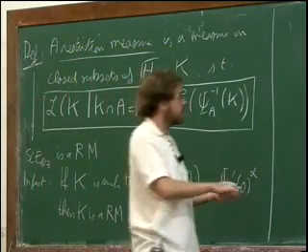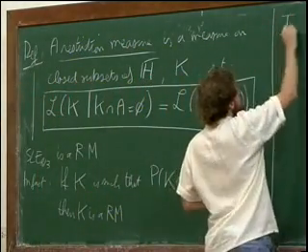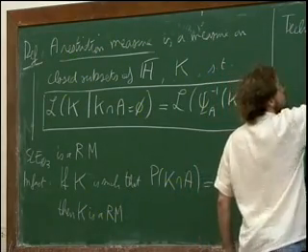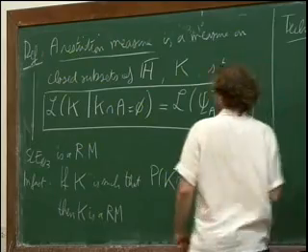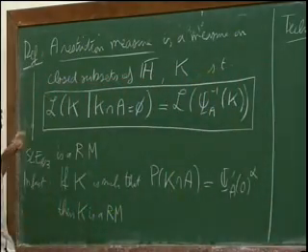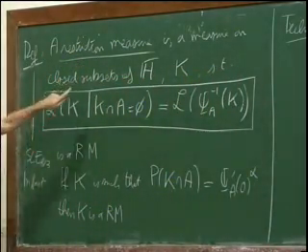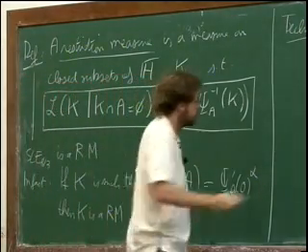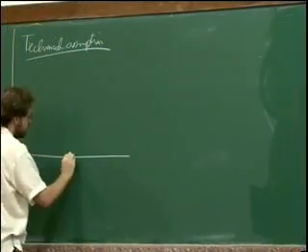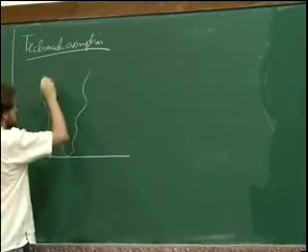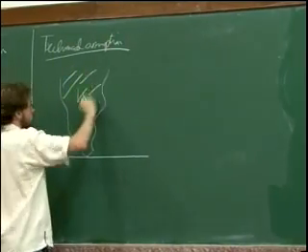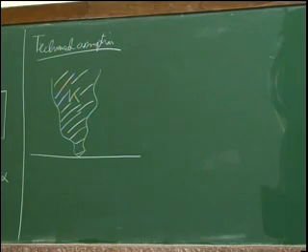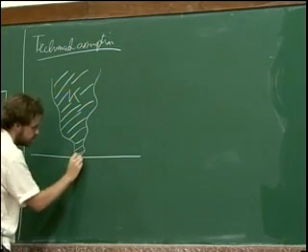So I need a technical assumption, which will tell me that, in fact, I will not define the restriction measures on closed subsets of H bar. I will define it on particular subsets. I want K to look like this, meaning I want K to touch the axis only at 0.